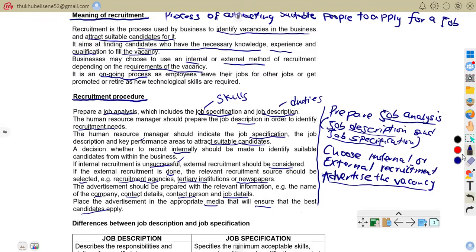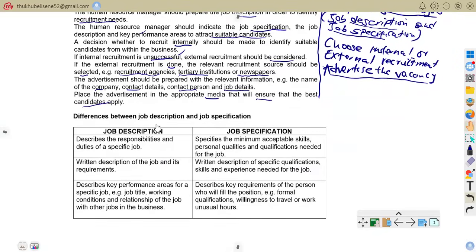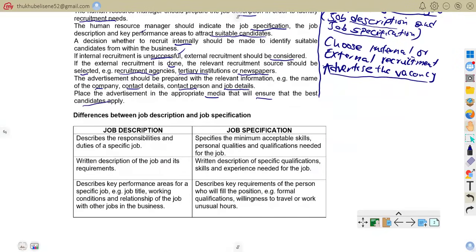Now let us move on to the difference between job description and job specification. We are to differentiate the two.